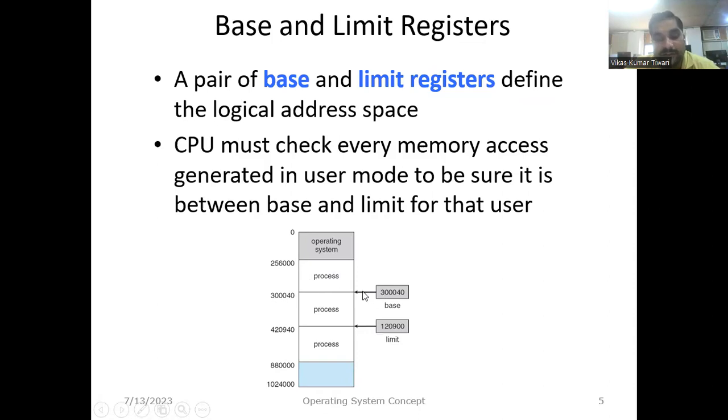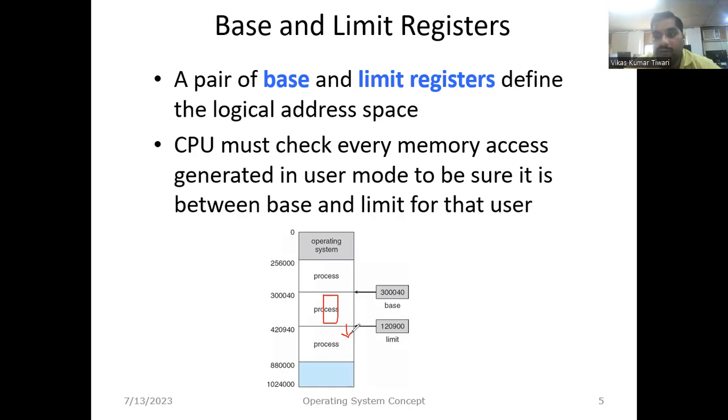If the address is valid, meaning it is greater than the base address, then we have to check that we can only access this area. So if base plus limit is less than the address, it means we are trying to access beyond this area, which is an invalid address.